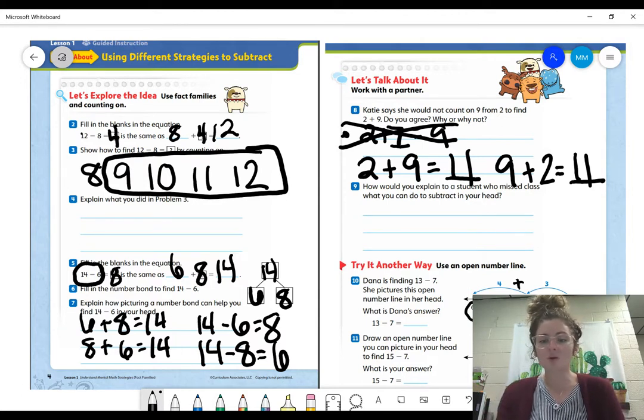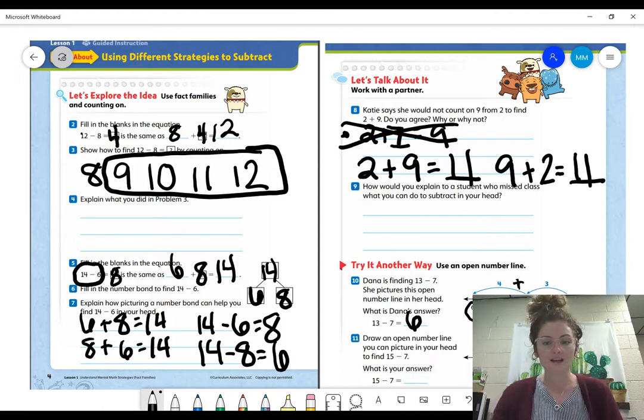So when you're using an open number line, you have to think about the parts that you're taking away. So she took 3 away first, and then had to take 4 more away to take 7 altogether. So where did she stop? She stopped at 6.